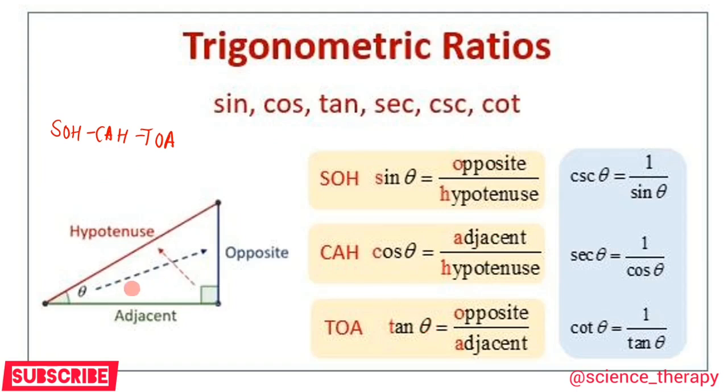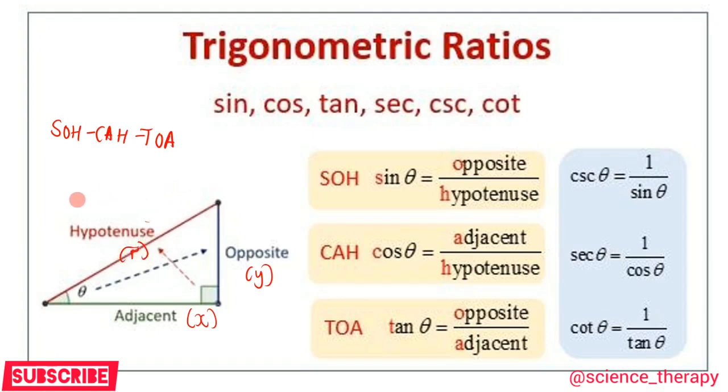Now we can also express this in terms of y, x, and r. Our opposite moves along the y-axis, so that's y, and our adjacent moves along the x-axis, so that becomes x, and our hypotenuse we can indicate as r, right? So let's put r here.